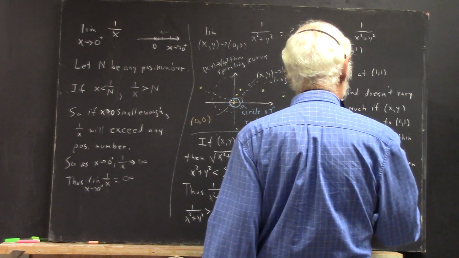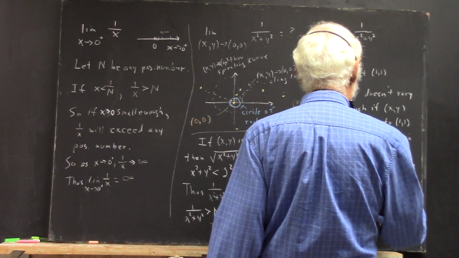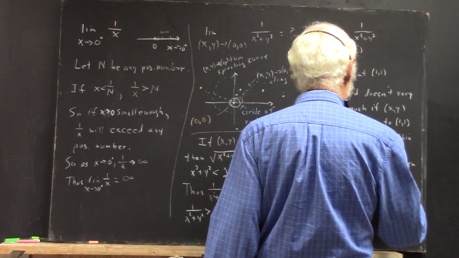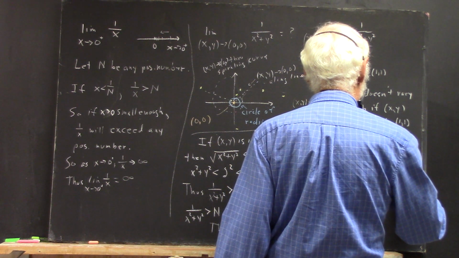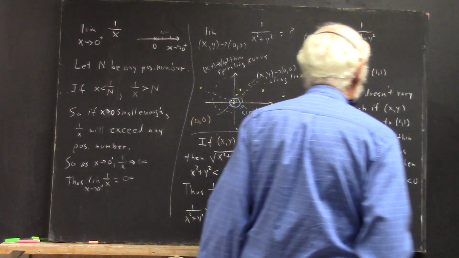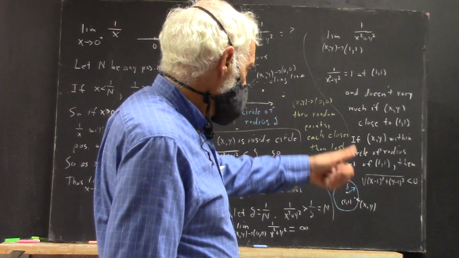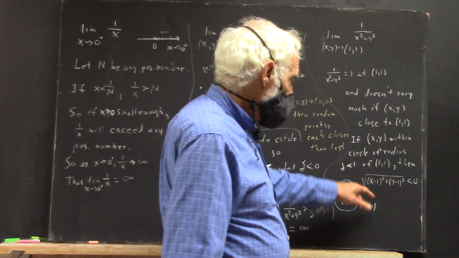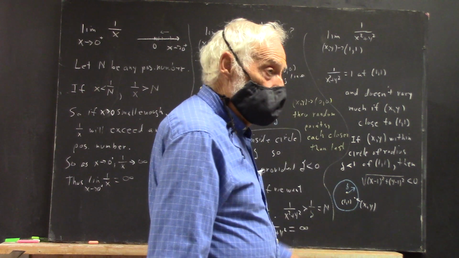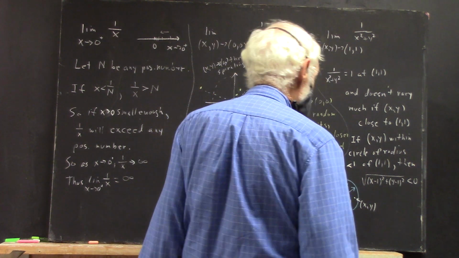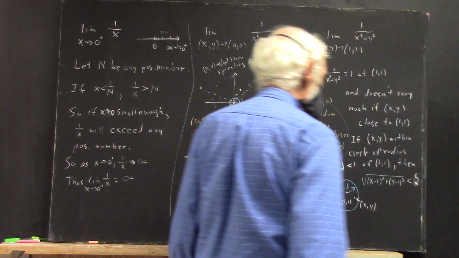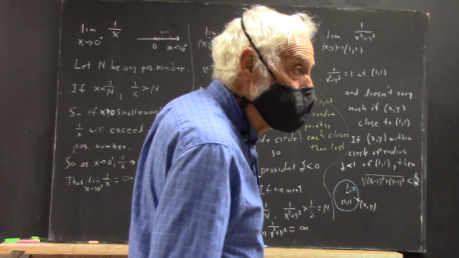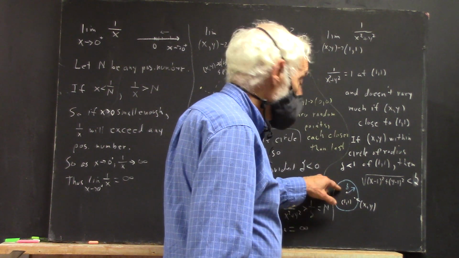We can say that the square root of x minus 1 squared plus y minus 1 squared, which is the distance, of course, from xy to 1, 1, is less than delta, because you're within this circle of radius delta.